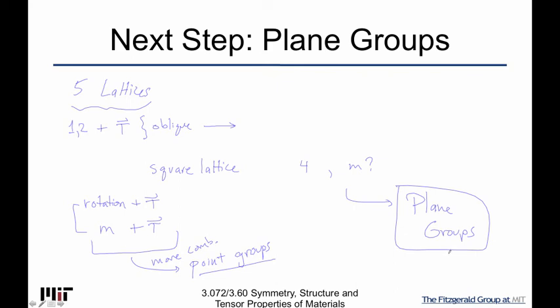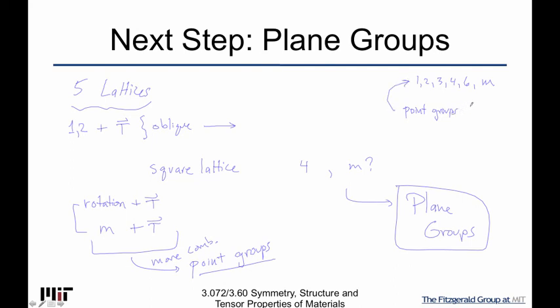And then what we're going to do is add in our elements again, all of the elements we have so far, but we're going to create more point groups. These are point groups, by the way. We just haven't used that term yet.